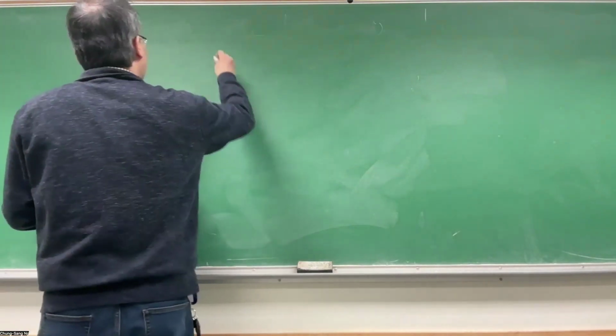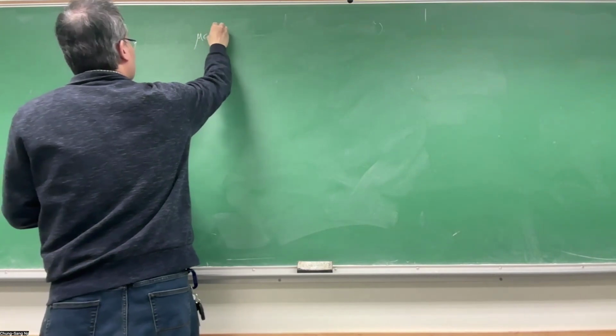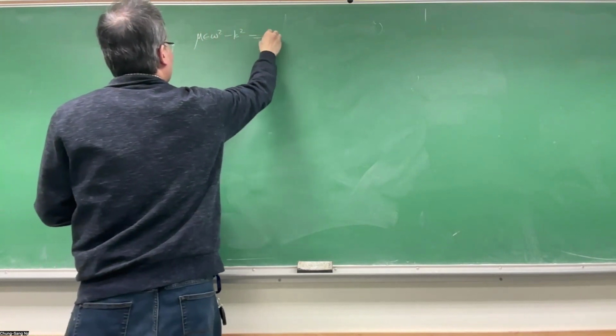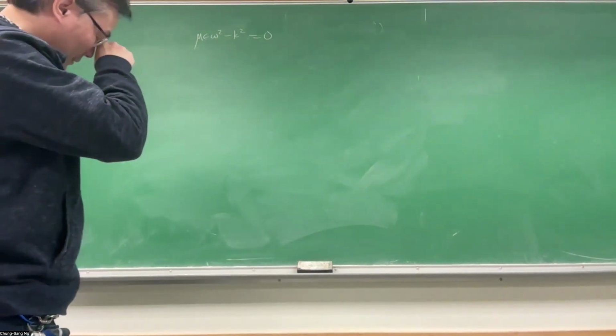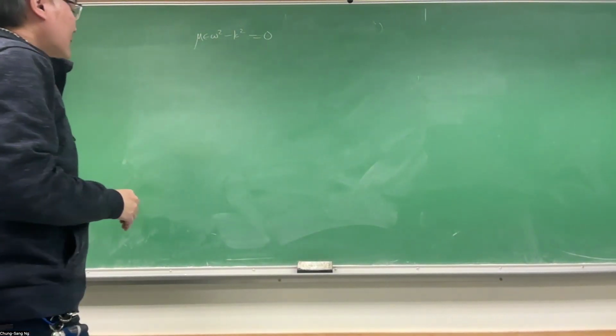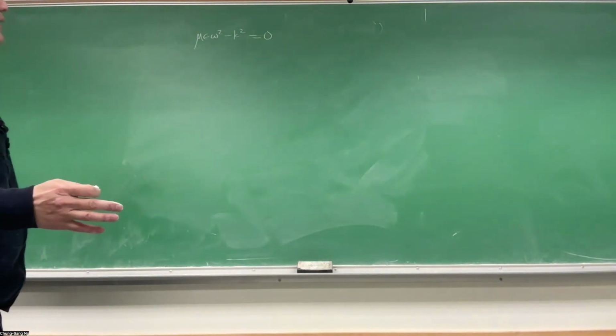So basically, the denominator is zero, so we use epsilon omega squared minus k squared equals zero. Okay, so the dispersion relation is exactly the same as the uniform medium plane wave.